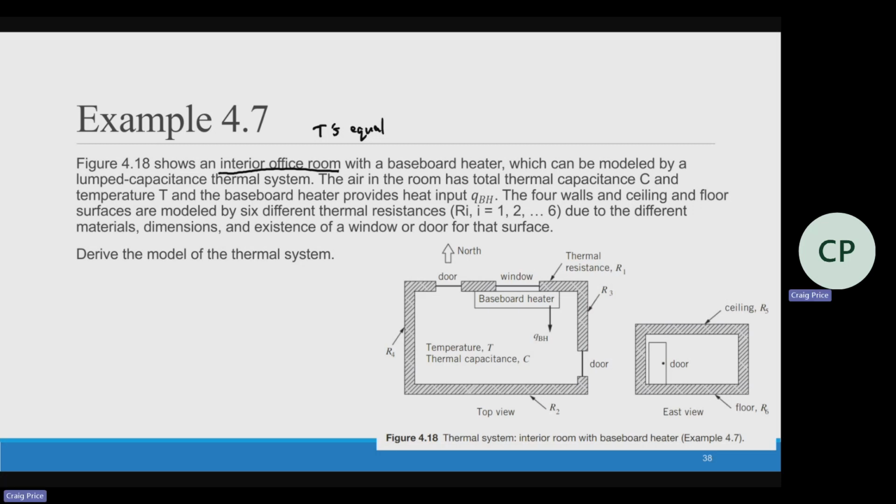Now, the room that we are in, does that match kind of what we're dealing with here? Interior office room? Is this an interior room? No, we got an exterior wall right there, right?